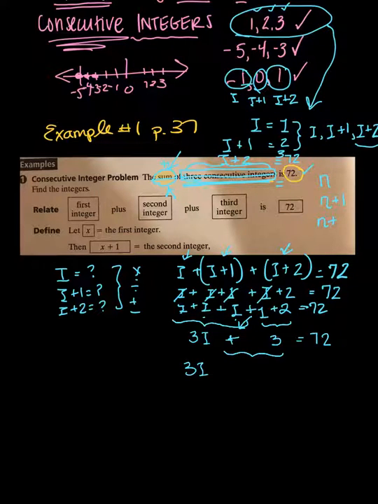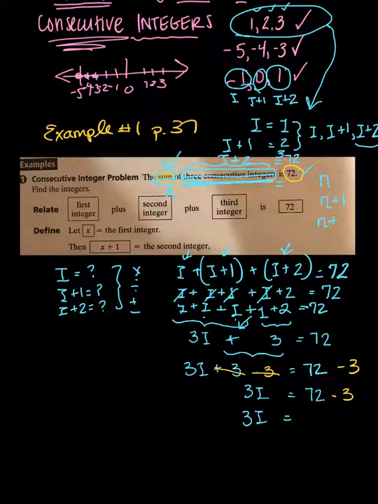So 3I plus 3 minus 3, and what I do to one side, I've got to do to the other, equals 72 minus 3. So these cancel out, leaving me with just 3I equals 72 minus 3. If you simplify this further, 3I equals what?